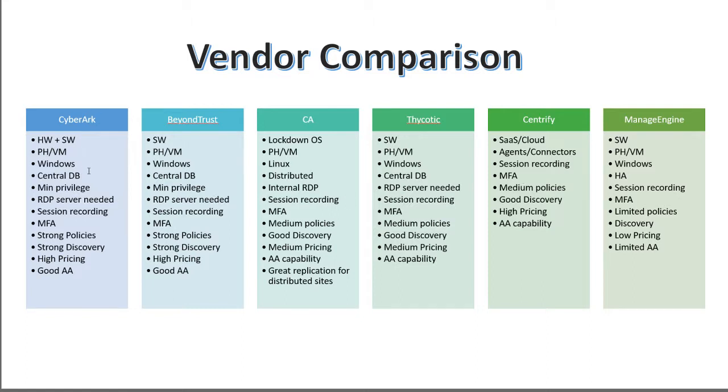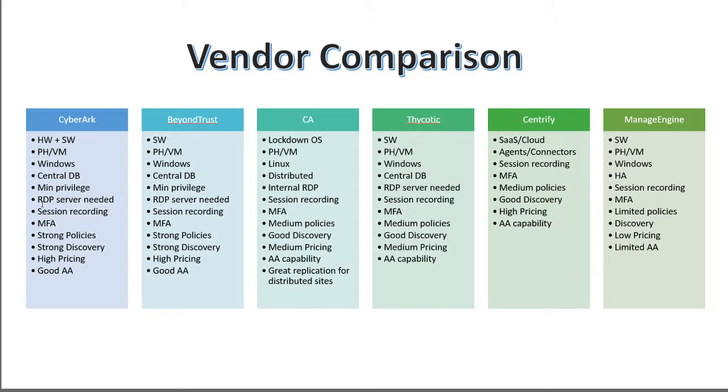The other difference is that CyberArk, BeyondTrust, and Thycotic need a central database. I think it's a SQL Server database that all the different appliances need to talk to and communicate with. While CA has its own internal database that replicates between different appliances internally.